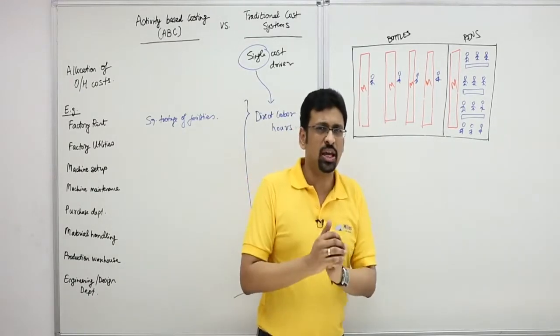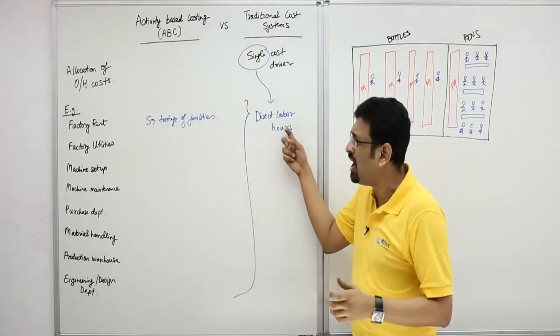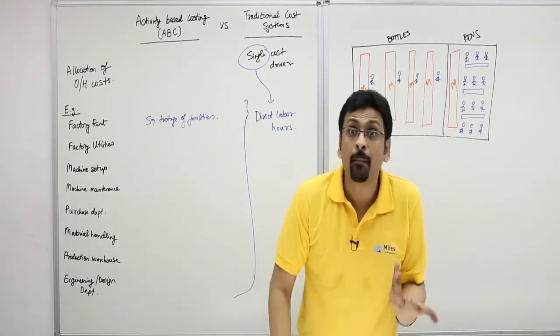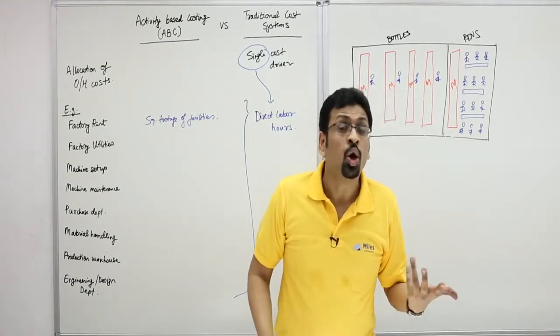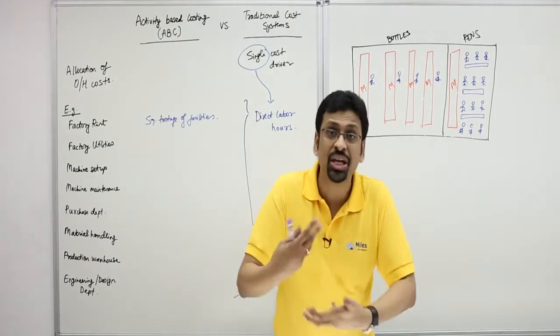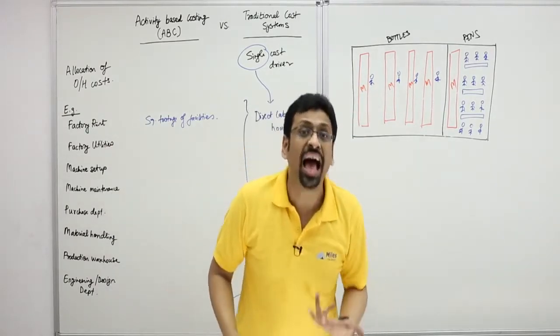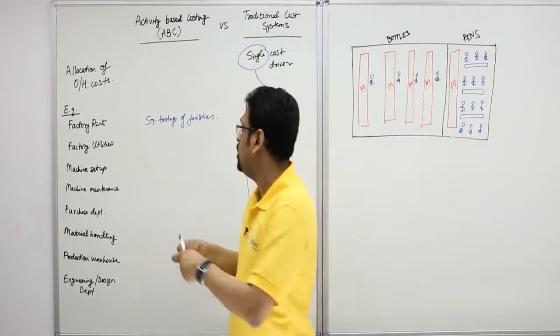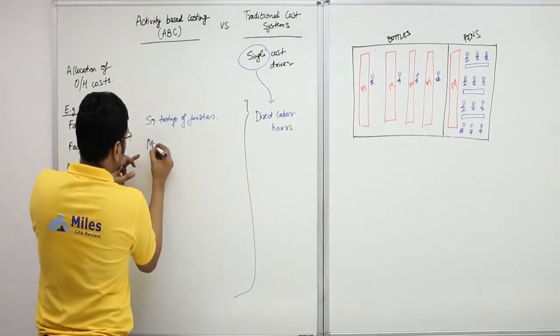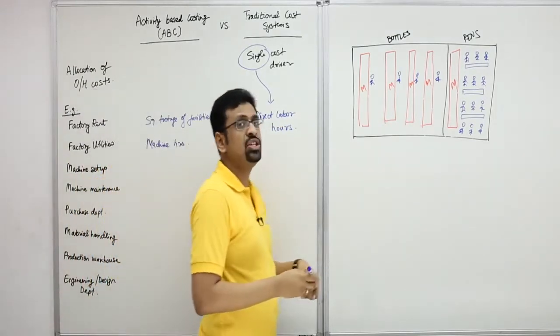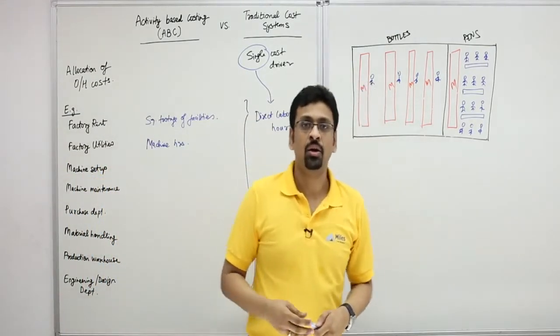So what we would say is, instead of using direct labor hours to allocate factory utilities, this does not seem right. We would use number of machine hours. So the more the number of hours the machines are running, the more the factory utilities would get allocated to that particular product line. So we'll use number of machine hours. So let's say the factory runs for 8 hours a day.